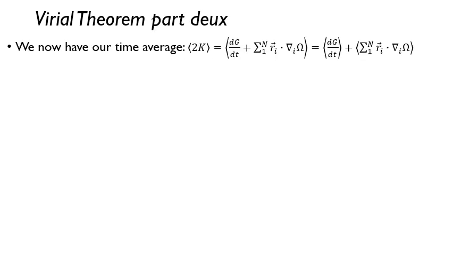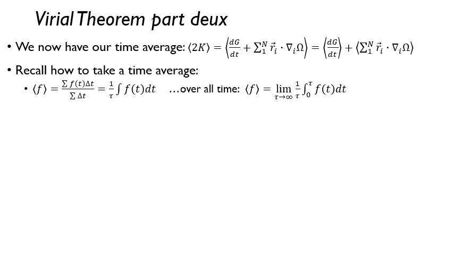So we have our time average now. And recall how you take a time average, right? The average of some function over time, what you could do is evaluate that function at a given time, multiply by a little time slice, and divide by the sum of time slices, right? That's what a time average is. The sum of these little time slices is the time tau, the interval that we're integrating over.